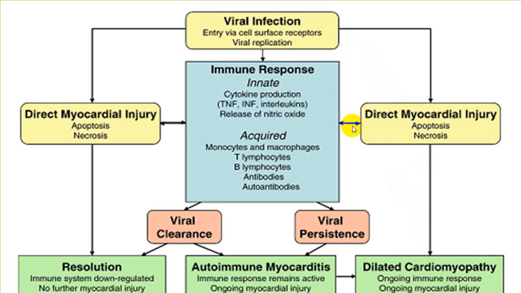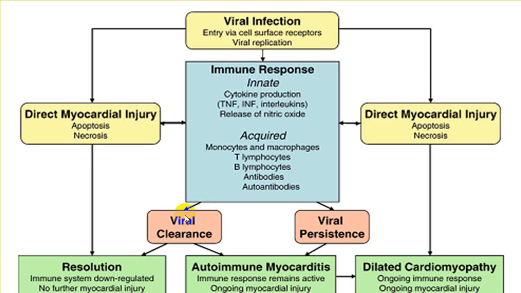And because of direct injury, this can be secondary due to immune response, which can be innate response or acquired response. In acquired, T lymphocytes and B lymphocytes will take part, while in innate response, you will have cytokine production, and that will produce damage.